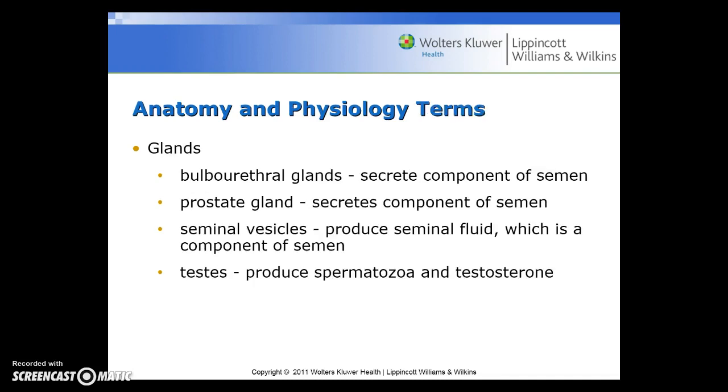Additional glands that we're going to talk about in depth: the bulbourethral glands secrete components of semen. The prostate gland secretes components of semen. The seminal vesicles produce seminal fluid, which is a component of semen, and the testes produce spermatozoa and testosterone.